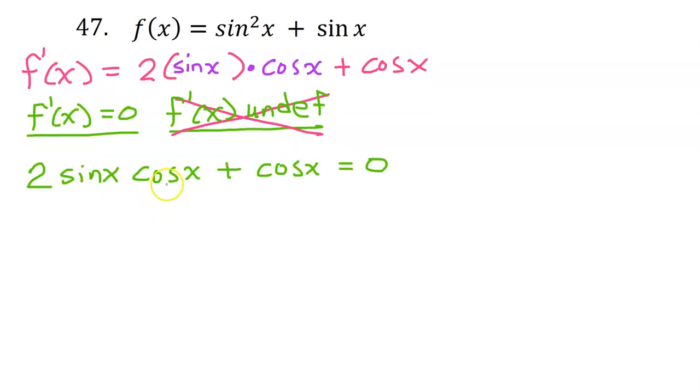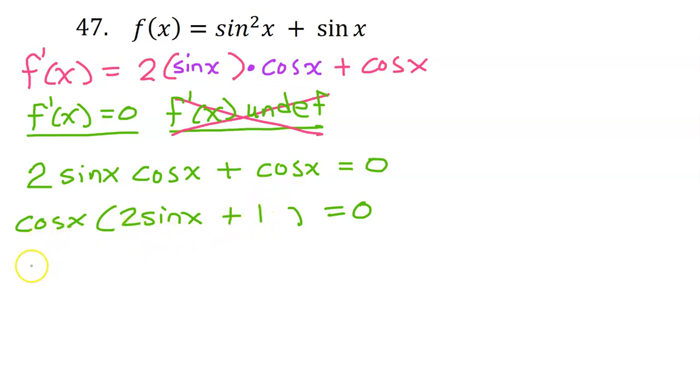I'm noticing that we have cosine in both terms. So let's factor out that common factor, put it out in front of some parentheses, and see what's left on the inside. Well, if we take away the cosine, that's going to leave 2 sine x. And if we divide out this cosine, we're left with 1.